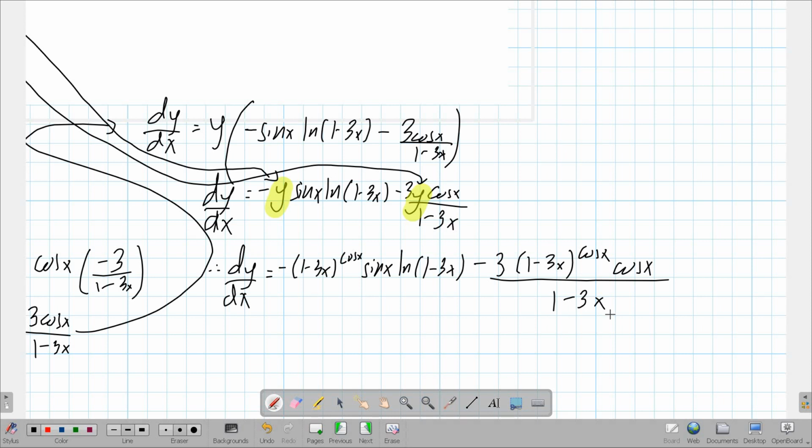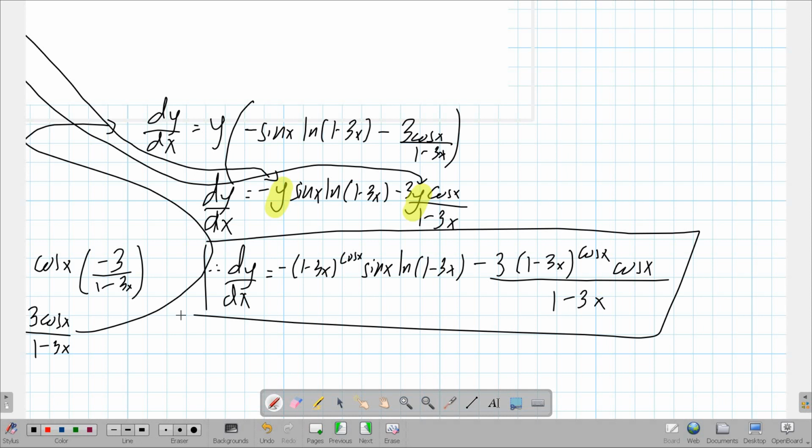If you would like to combine that into one fraction, go ahead, although it will become more complicated.